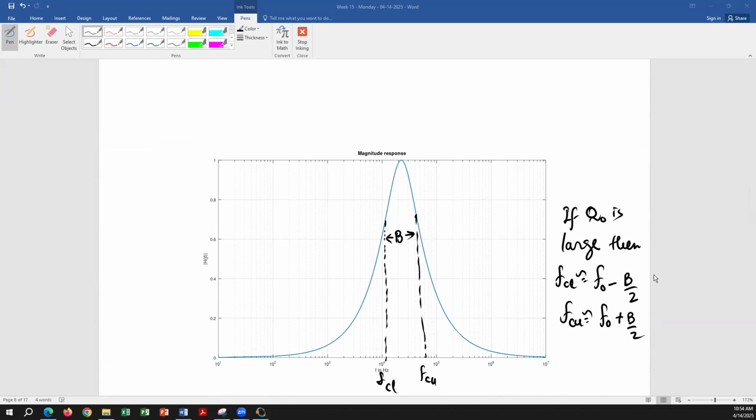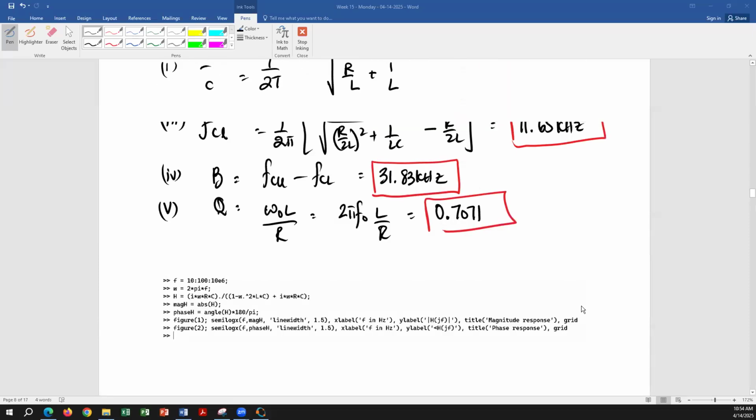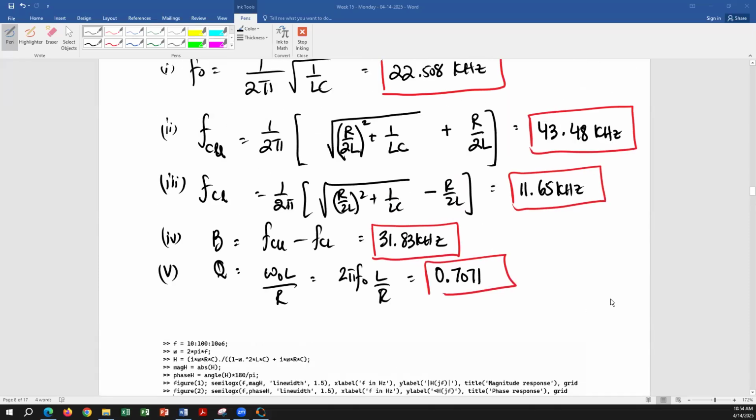So if you calculate the approximate lower end cutoff frequency, then it's possible that since the Q value is small, 0.7, it may not be equal to the exact values that we calculated, 43.48 and 11.65. Yeah, that is true, because you have lower at 11.65 and this is 43.48.